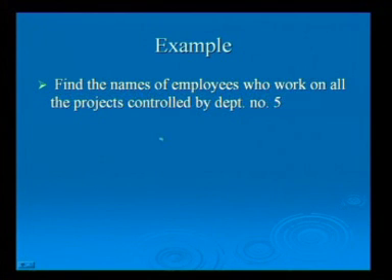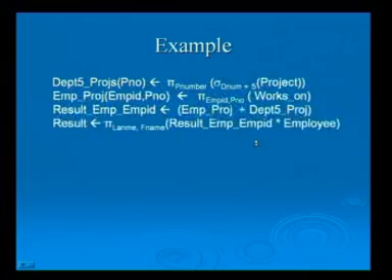So, when you read this, I think you should be able to figure out the relational algebra operation that you are going to use, because of this phrase, who work on all the projects controlled by department number 5. So, let us see the answer, and I am going to illustrate how we got the answer.